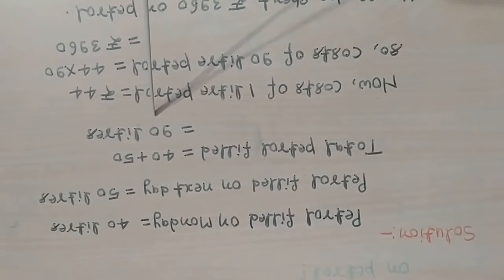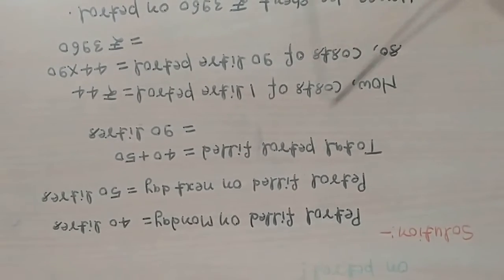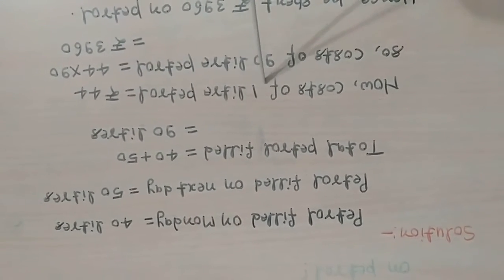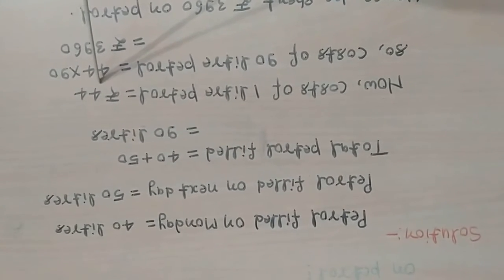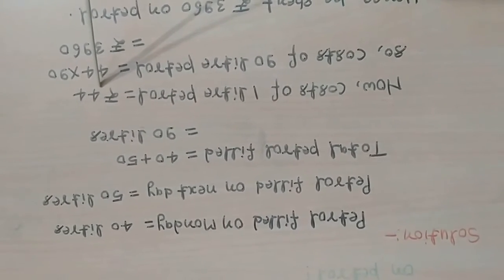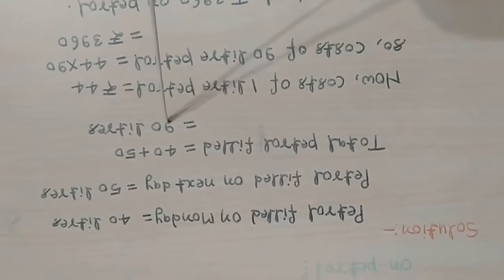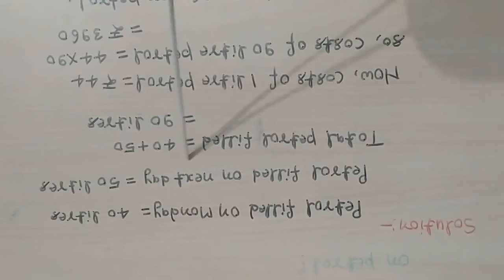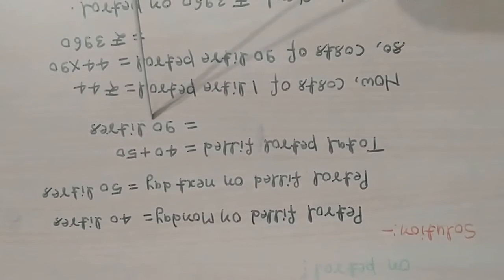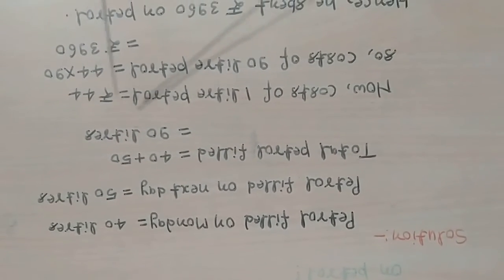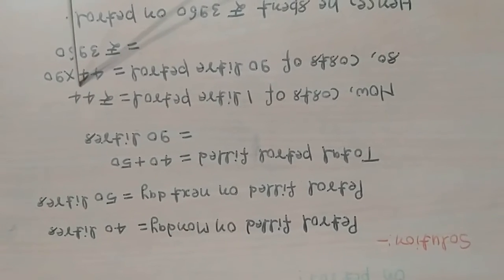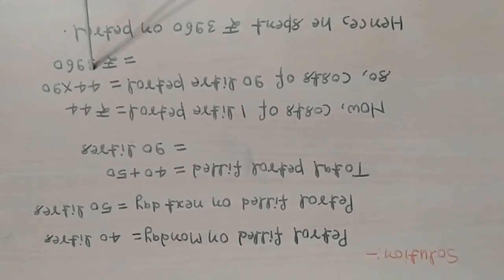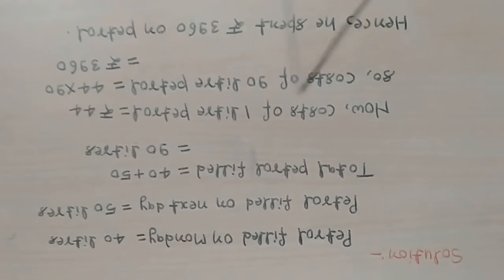Also given, the cost of 1 liter of petrol is 44 rupees. So we need to find the cost of 90 liters of petrol. If you multiply 90 by 44, we obtain the cost of 90 liters of petrol.